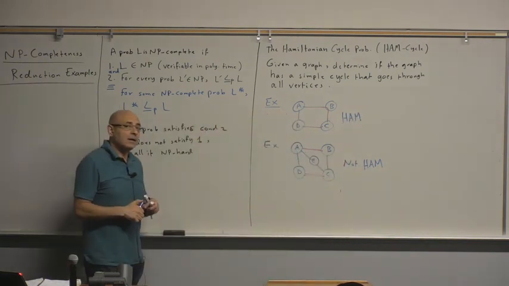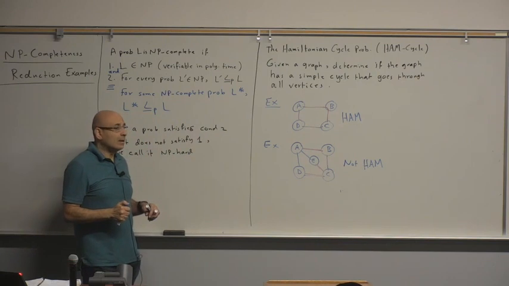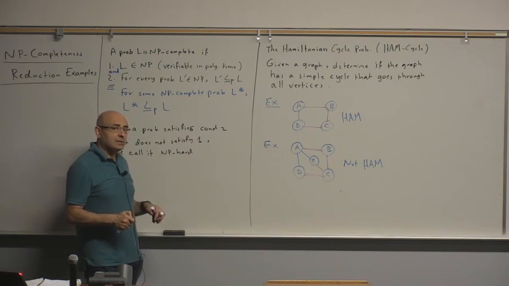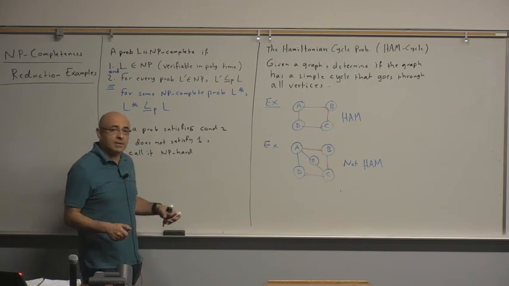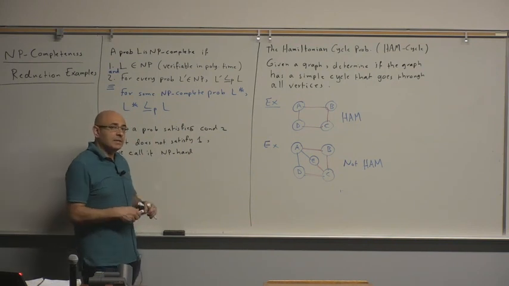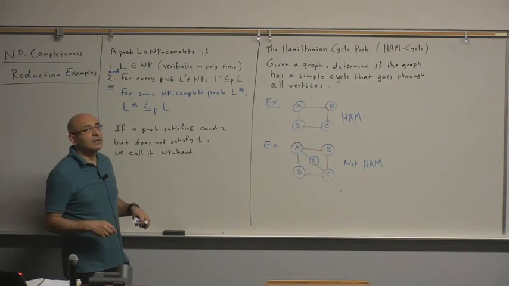Yeah? Are we assuming that the source is at A? It doesn't matter. It's a cycle. So you can start from any vertex you want. Oh, yeah, that's right. It's a cycle. Can you see a cycle that starts from another vertex? No, because I remembered that you said it had to be a cycle.